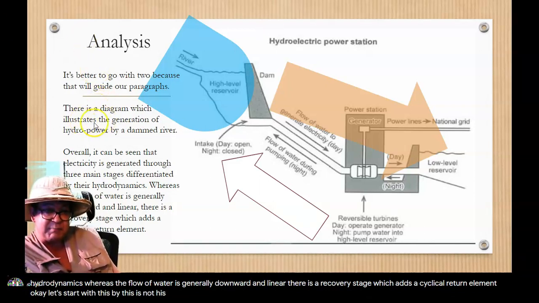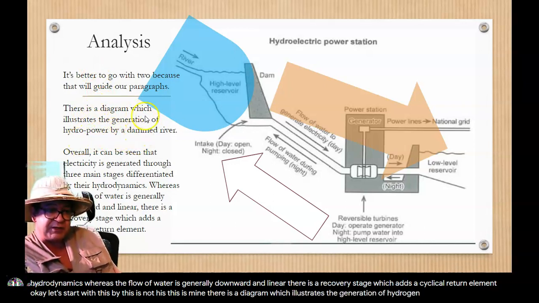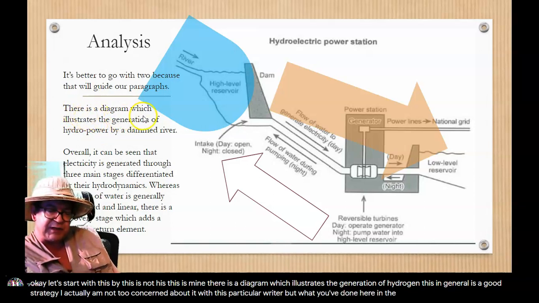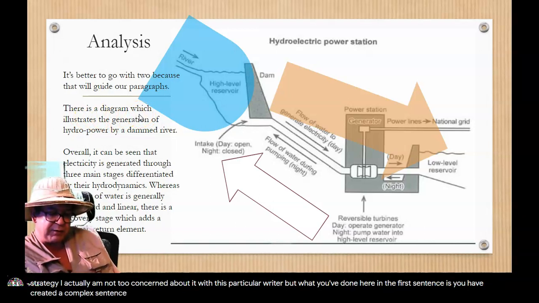By the way, this is mine, not his. There is a diagram which illustrates the generation of hydropower. This in general is a good strategy. I'm not too concerned about it with this particular writer, but what you've done in the first sentence is create a complex sentence using a relative clause, and you've done it accurately without being blatantly obvious about it.